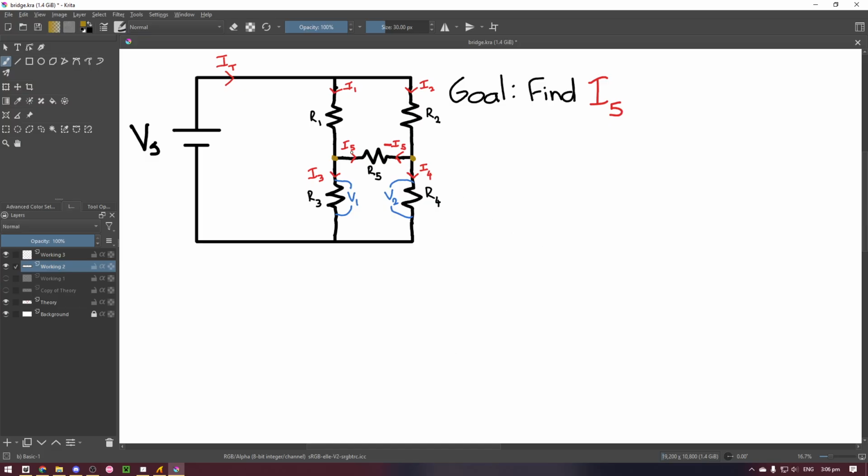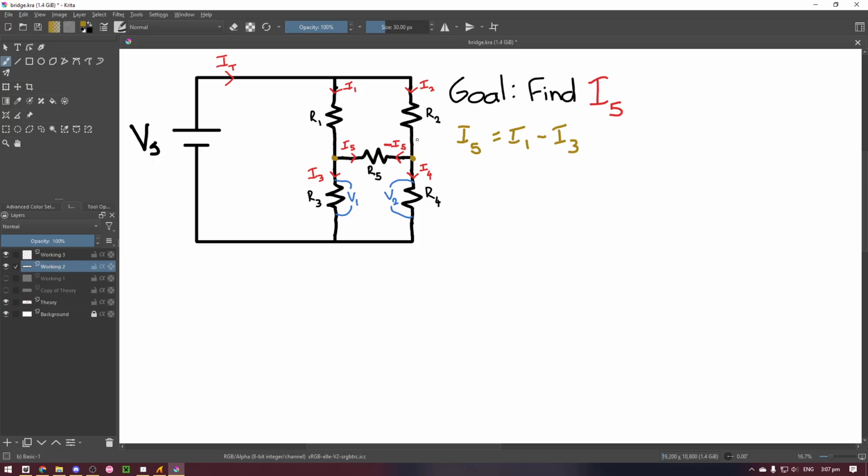The first thing to do is get some equations for I5. We can use Kirchhoff's current law to do that first. As we're going into this node from I1, it will split out into I3 and I5. So, I5 is equal to I1 minus I3.